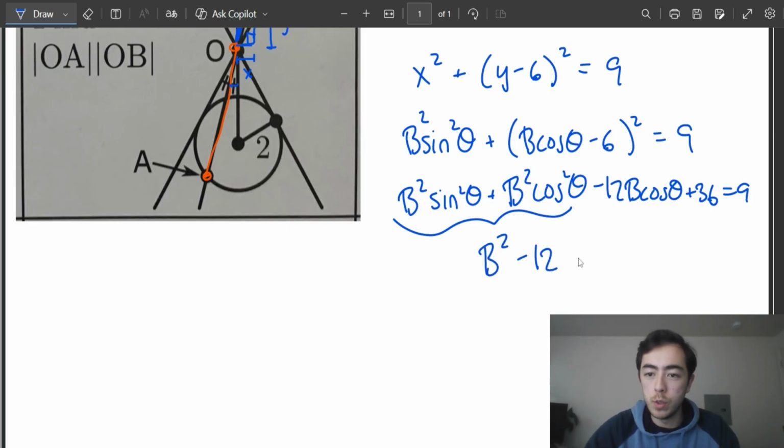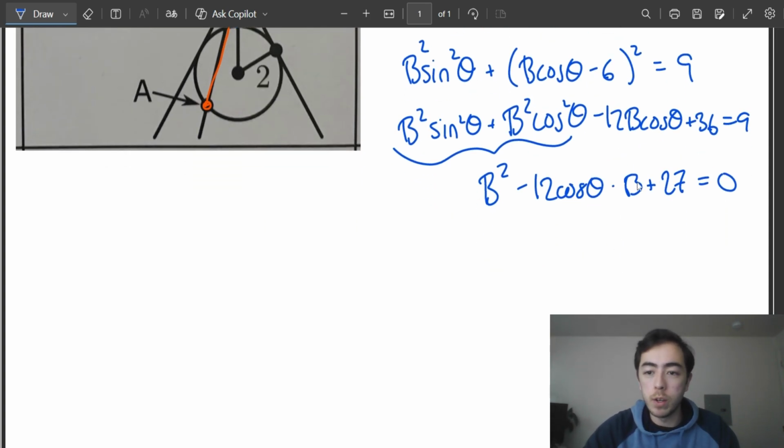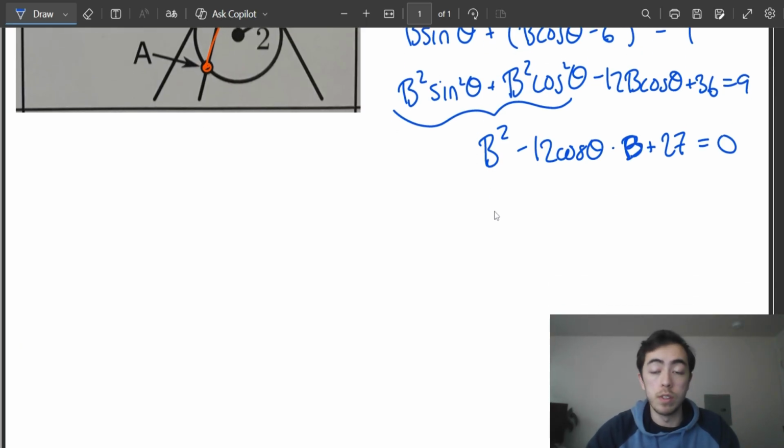This will be minus 12 cosine theta b, plus, let's set it equal to 0, plus 27 equals 0. So now we do have a quadratic equation in terms of b. So I could use the quadratic formula to solve for b. It's going to be b is equal to, well, normally x is equal to negative b.